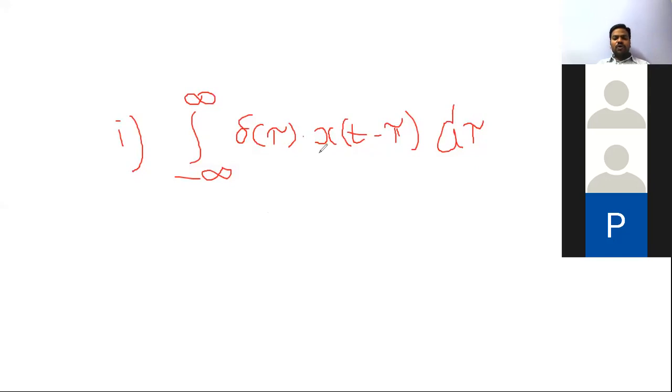X of t minus tau can be obtained only from x of t. If you know x of t, it is very easy to obtain x of t minus tau. Why? Because if you delay x of t by tau units, you will get x of t minus tau.